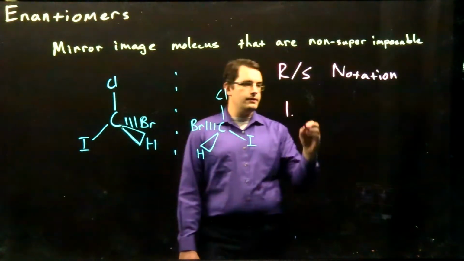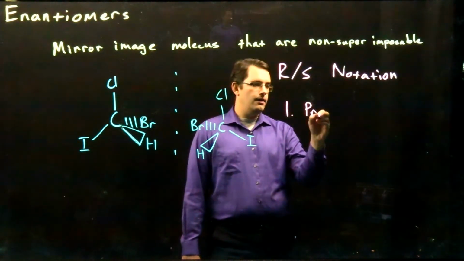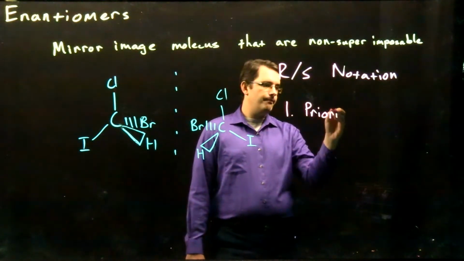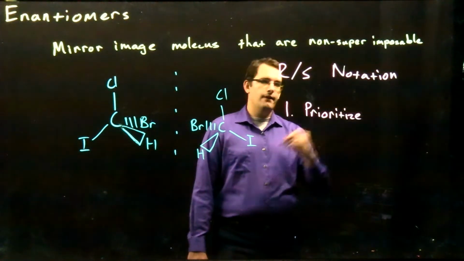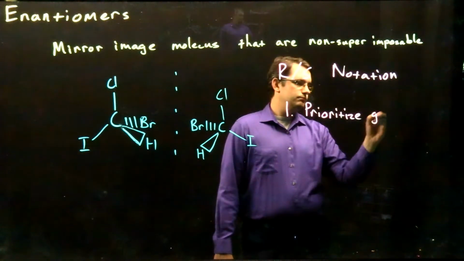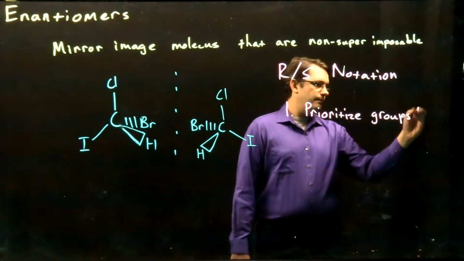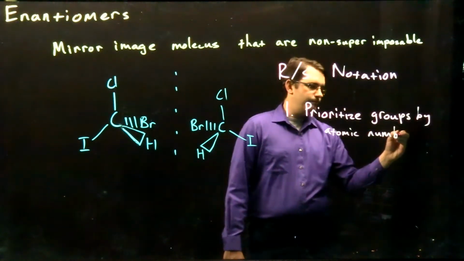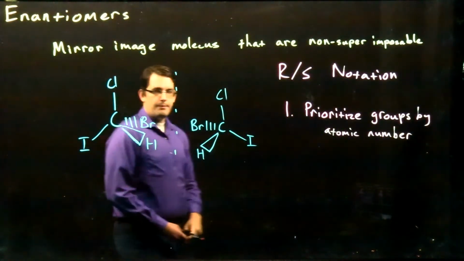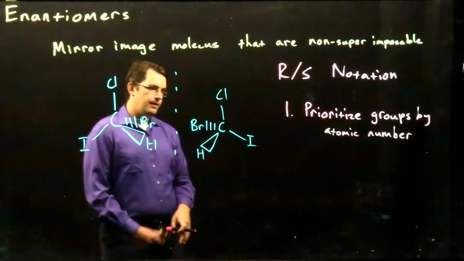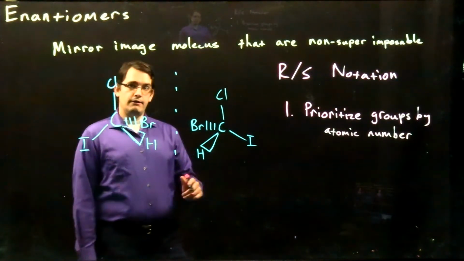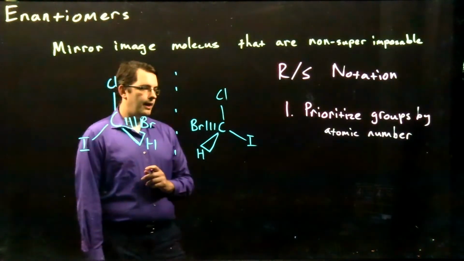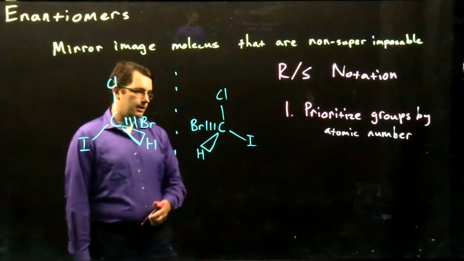So we'll use a series of rules in order to determine what notation our enantiomer is. The first thing that we're going to do is prioritize our groups based on their atomic numbers. So I'm going to come over here to my structure, and I'm going to give a little 1 by the atom that has the highest atomic number.